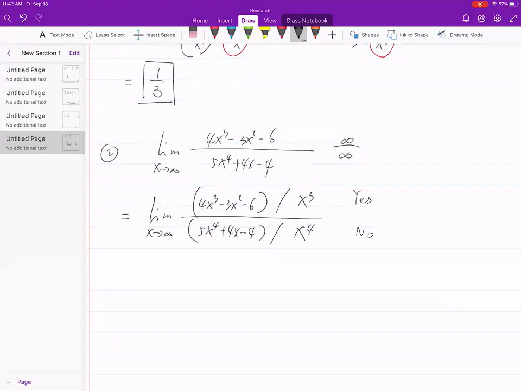Let's try to click the button. Yes if we do cube. No if we do fourth. It's 7 yes, 1 no so far. We have 8 against 3.